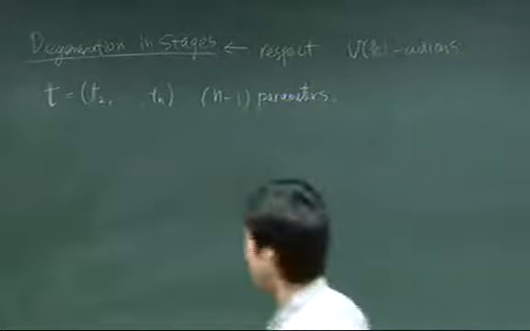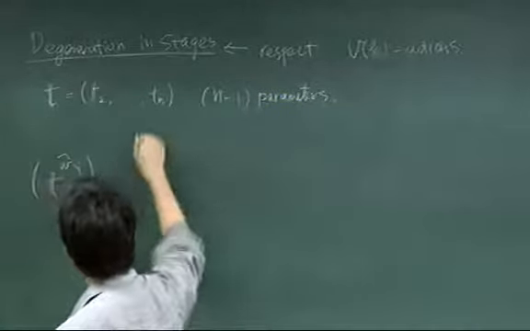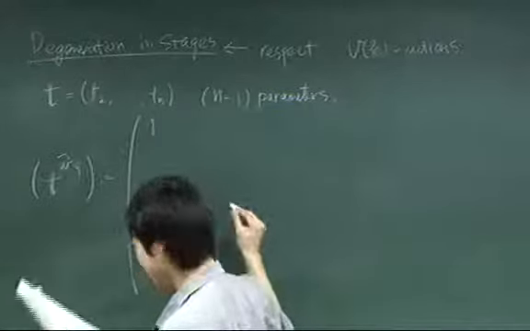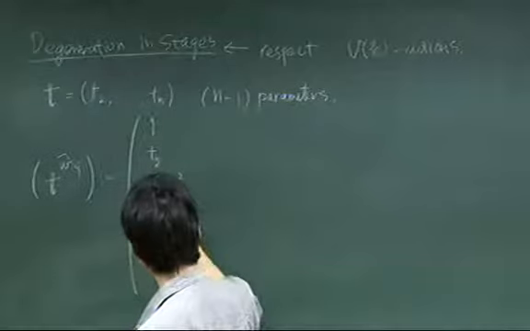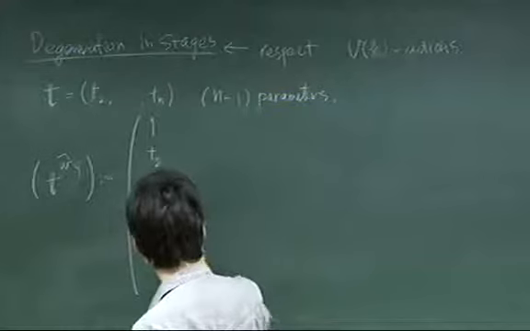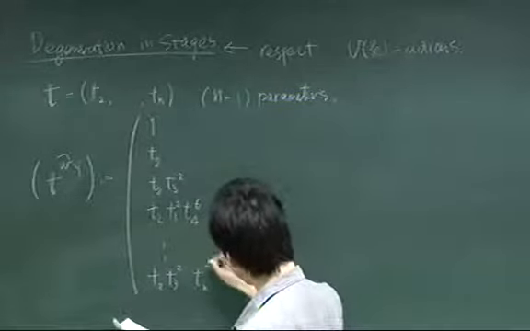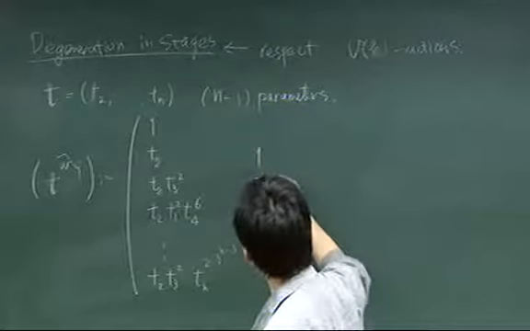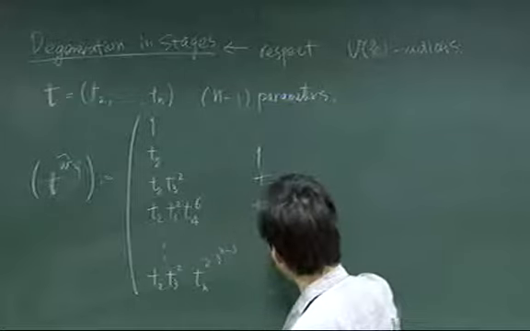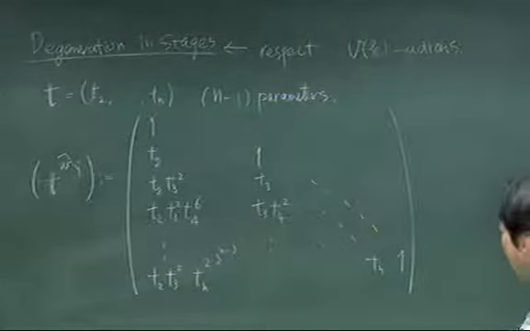And consider the following weights. It is a little bit complicated, so I don't want to write it all: T3 squared, T4 to the 6, Tn to something minus 3, T1, T3, T4 squared, and so on.